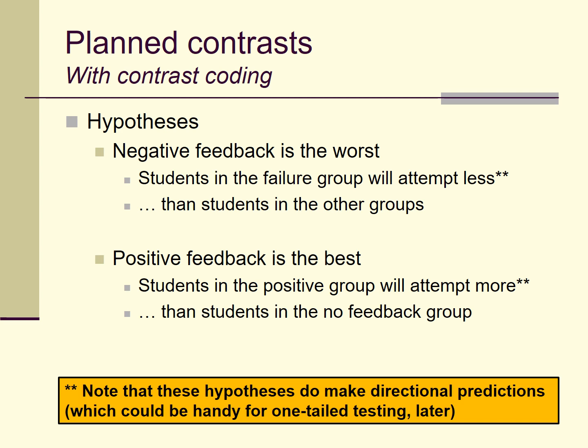Another thing to note here is that these hypotheses, as vague as they are, are at least directional in nature. I'm talking about differences that are either positive or negative, doing more problems, doing fewer problems.